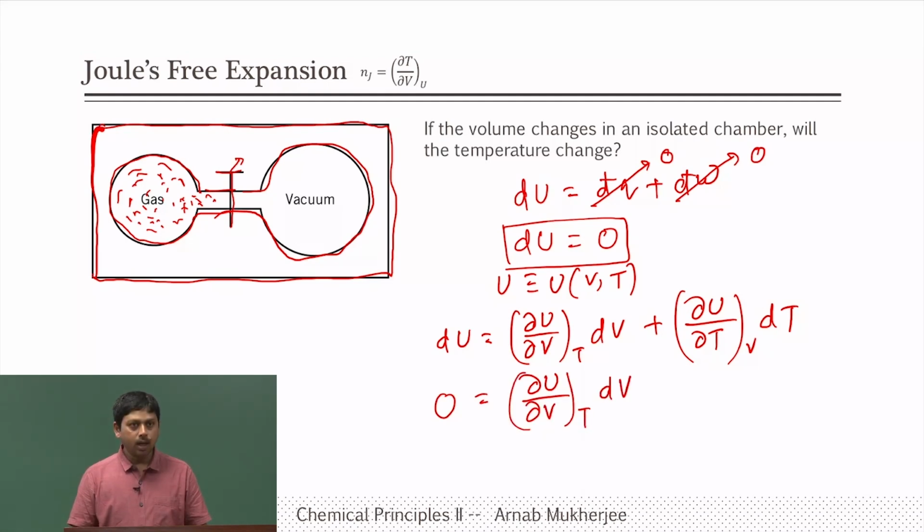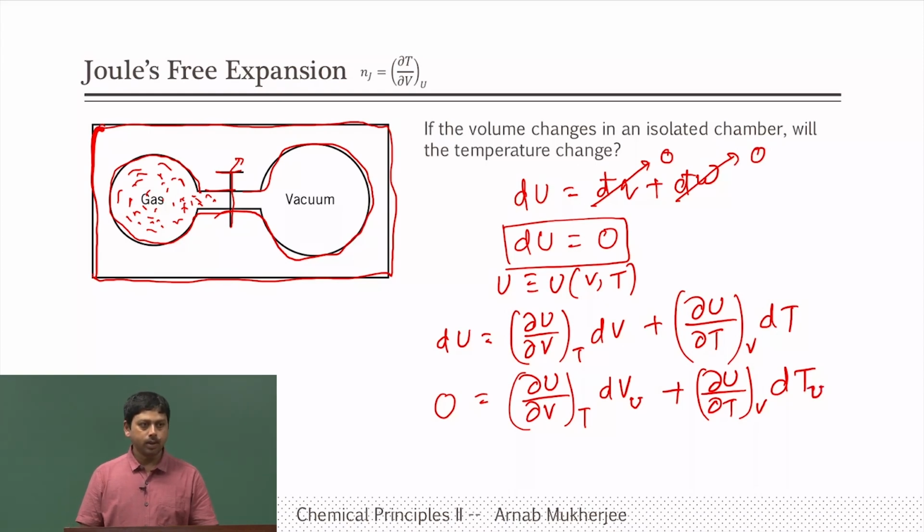dV. Now when I write dV, I have already used a condition. That condition is dU is 0. We have used that condition. In order to denote that we are using that condition, we use this subscript U, which indicates dV at a constant U, plus (del U by del T) at constant V dT at constant U. Now we are going to rearrange this equation.